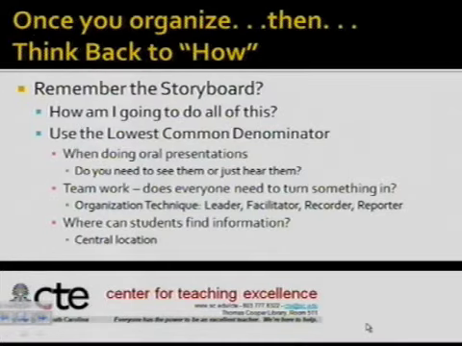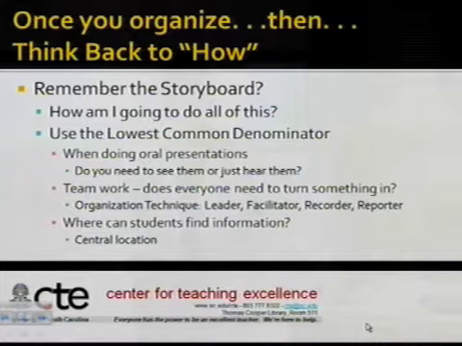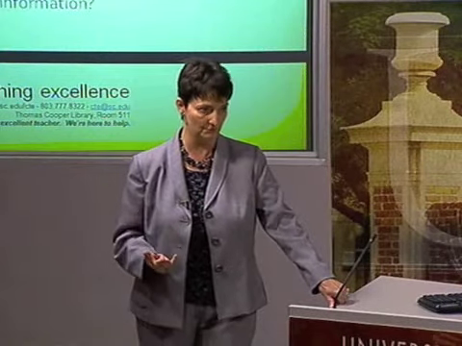So if you think back to that storyboard where we had the X's, once you figure out what you're doing, then you go, how do I organize it? How do I get that done? Always try to do the lowest common denominator. Just because a software package has 5,000 components to it doesn't mean you have to use all of them to confuse the students and confuse yourself.